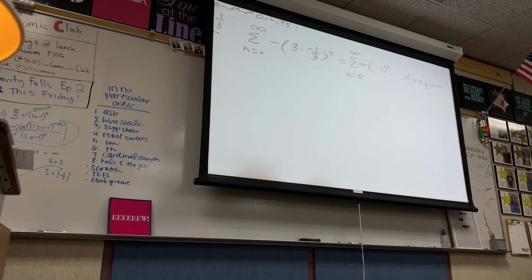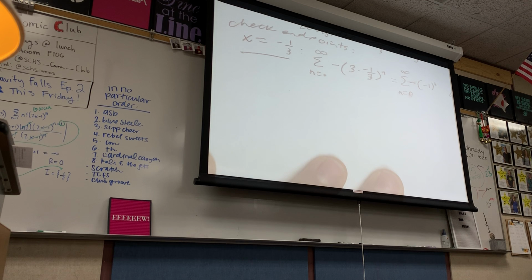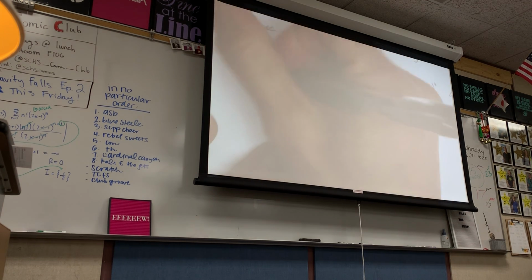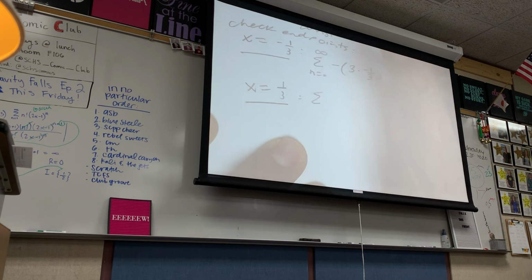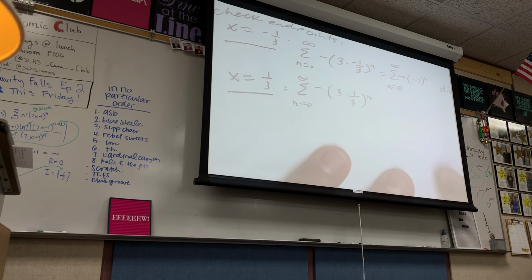All right, so it diverges by the test for divergence. Next, go ahead and plug in 1/3. So now these guys cancel, and you get -1 to the n.